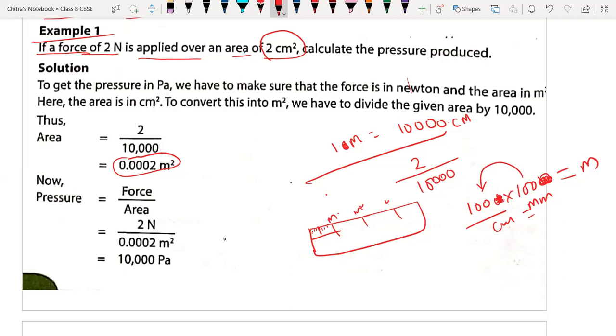That's why centimeter is first converted into millimeter, and millimeter is then converted into meter.